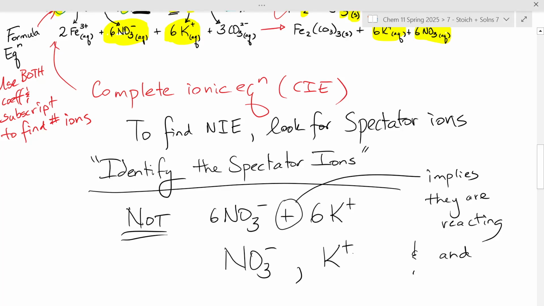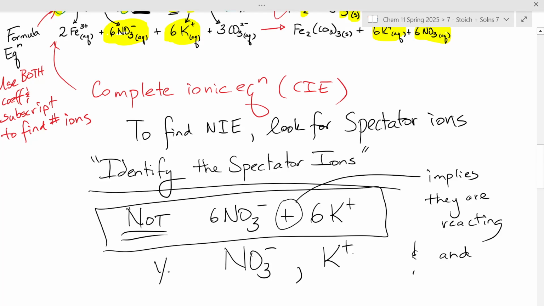Any of those are fine. So not this, yes this. You don't have to write the states, but if you want to, you can, because if they're spectator ions, by definition, they have to be aqueous.